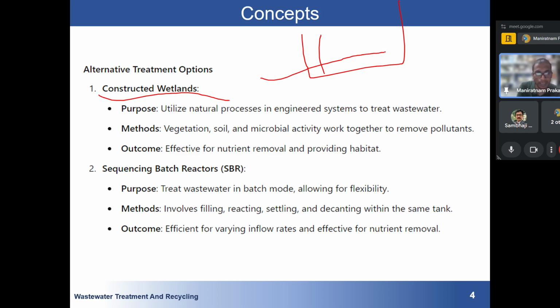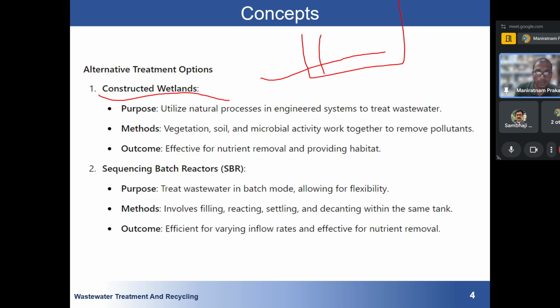I will be talking in a generalized way, so I'm saying that wastewater will be passed through this wetland. With time, as the water moves through these wetlands, there will be some degradation due to the presence of microbes and all these things.